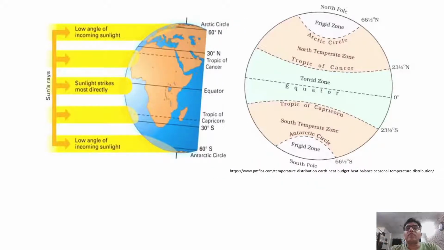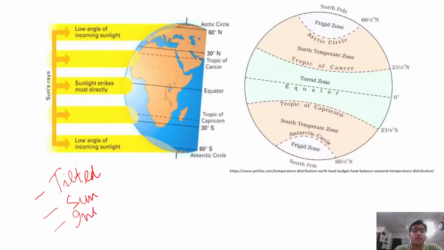now we all know that the earth is tilted. These are a few facts which you need to keep in mind. The first fact is the earth is tilted. Second is that sun is the major source of energy on the earth, and this energy comes on the earth in form of insolation.